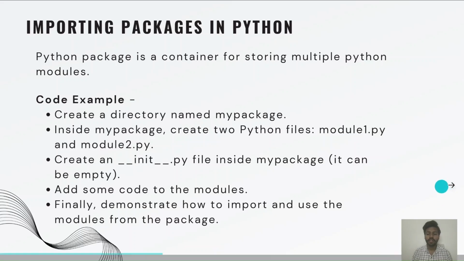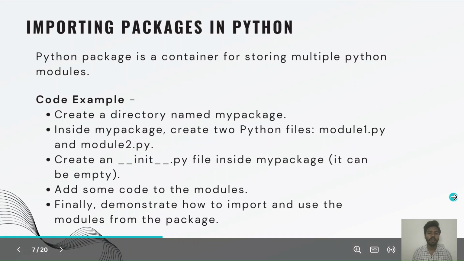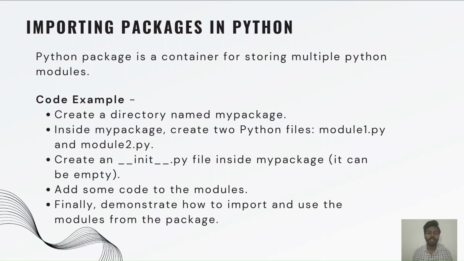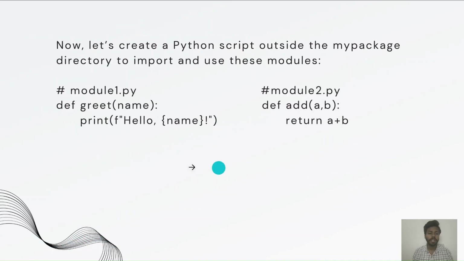So let's start with that code and see how we implement it, right? Now let's create a Python script outside the my package directory to import and use these modules. So here we have two modules, module 1 and module 2. In module 1 we define greet name, print hello and the name in double quotes.